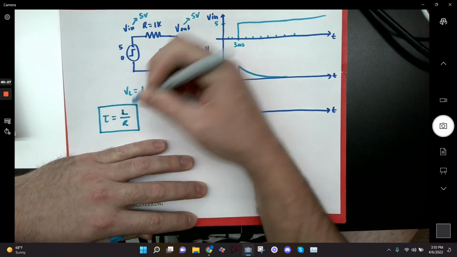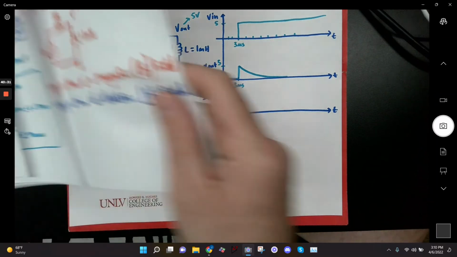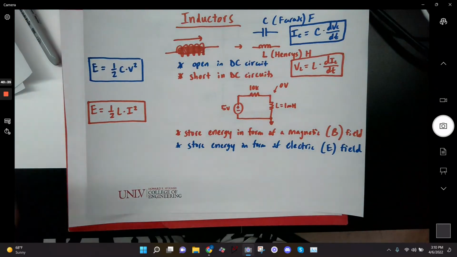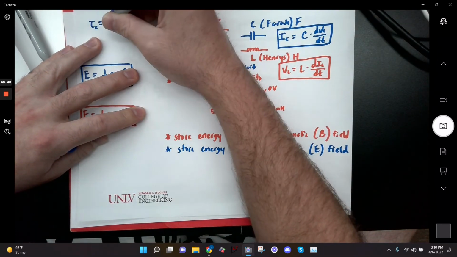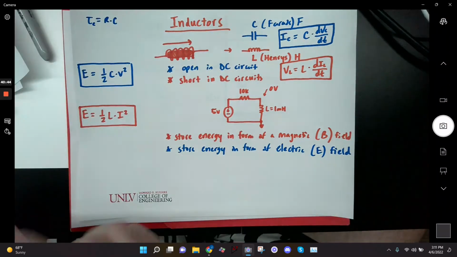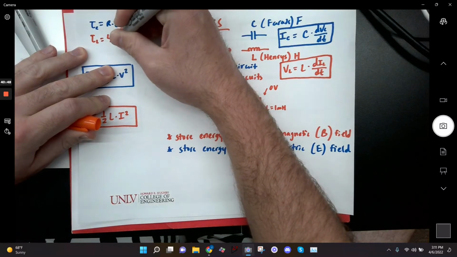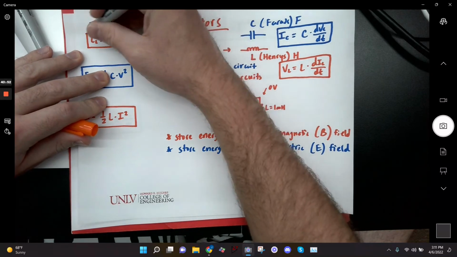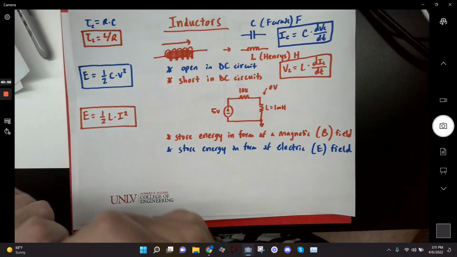For RC circuits, let's go back to the other page because I think this will be a useful note sheet for everybody. This is going to have all the good stuff on it. Let's write tau for capacitors is R times C, and tau for inductors is L over R. You're definitely going to want to remember that, because if you use L times R, you're not going to get the right answer.